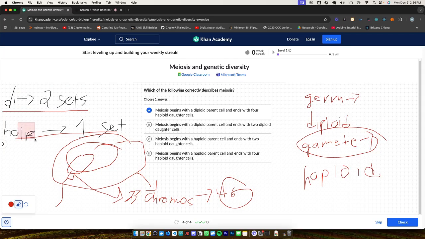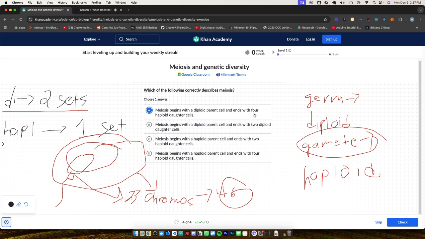Let me fix that. So a gamete is going to be a haploid cell because it is contributing only half of the sets, because it's only coming from one parent. One is coming from the father, and one is coming from the mother, right? So the germ cell is going to be a diploid cell.